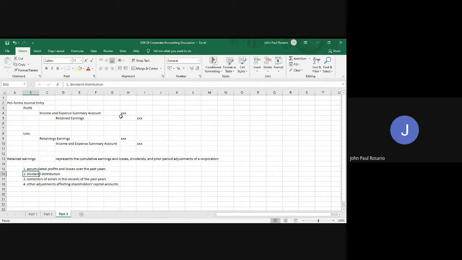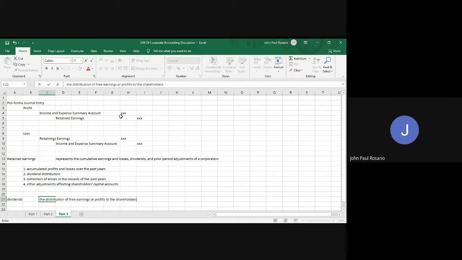Okay? So, but before we go there, yeah. So, let's go directly to our dividend distribution. So, the dividends is the distribution of free earnings or profits to the shareholders.